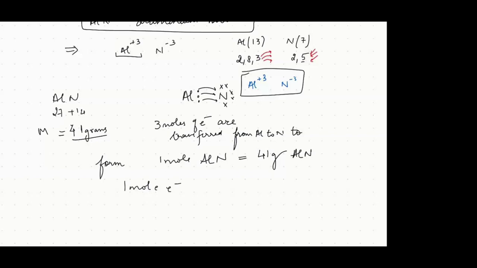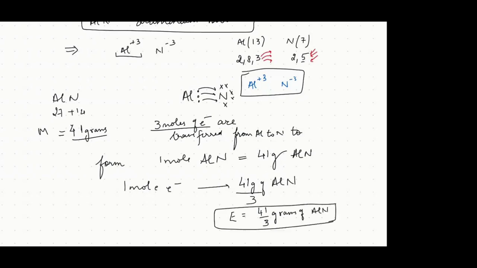So 1 mole electron transfer would take place per 41 by 3 grams of aluminium nitride. So the equivalent mass would be 41 by 3 grams of aluminium nitride. Did you understand?